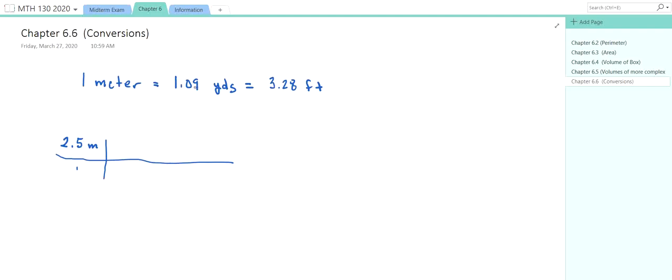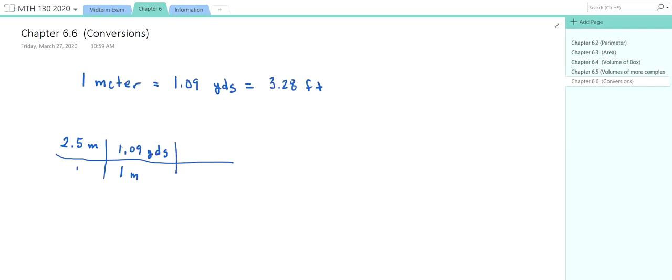So if I want to convert to feet, and this is the information I have, then I can do this from this point. So what I need to do is I need to get rid of meters. So I want the meters in the denominator. So what I'll do is I'll say 1 meter is 1.09 yards.